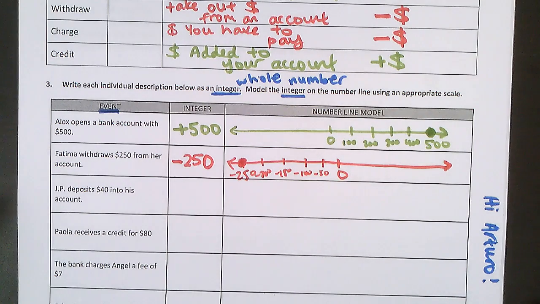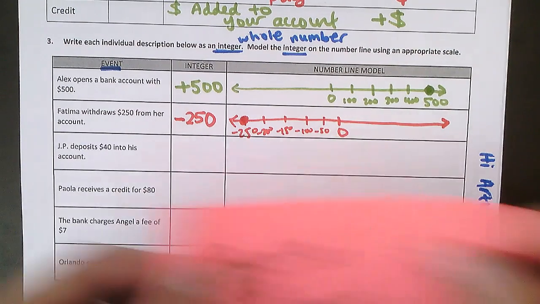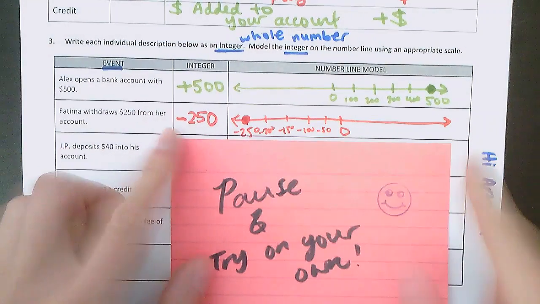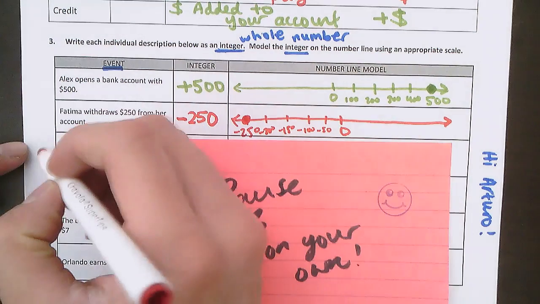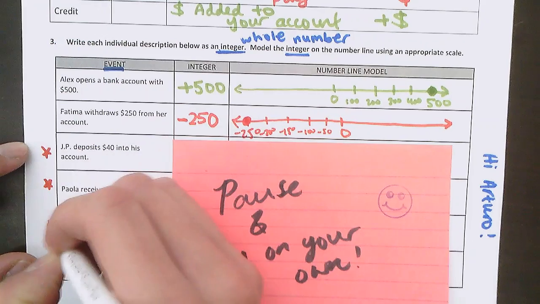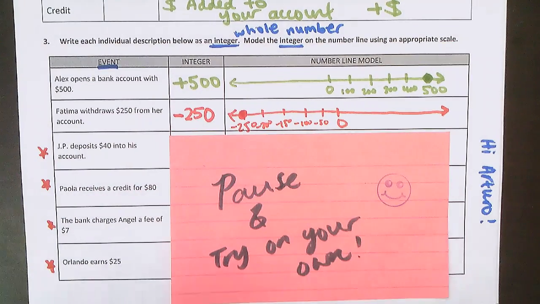Okay, so now that we've done those two together, I want you to pause the video and try these four on your own. So pause and then try these four on your own.